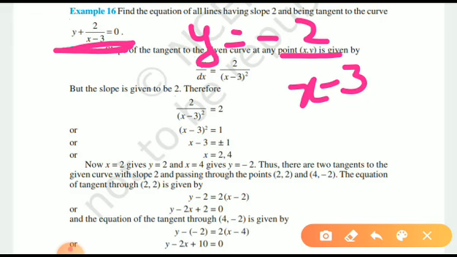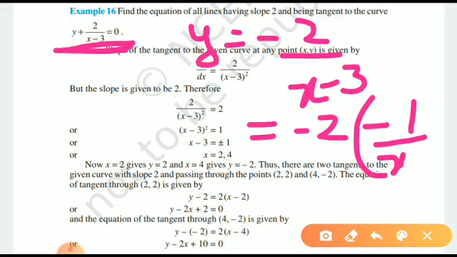Is it of the form derivative of 1/x? The derivative of 1/x is -1/x². So the derivative will be -2 into -1/(x - 3)², again multiplied with the derivative of x - 3, which is 1, so no need to multiply.